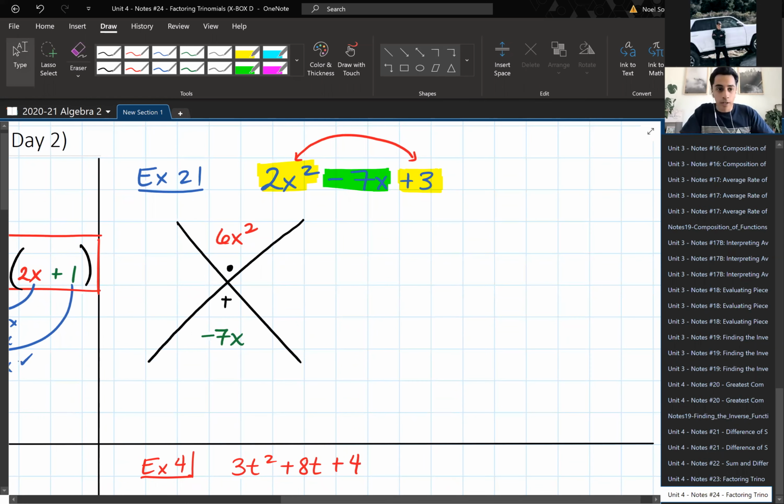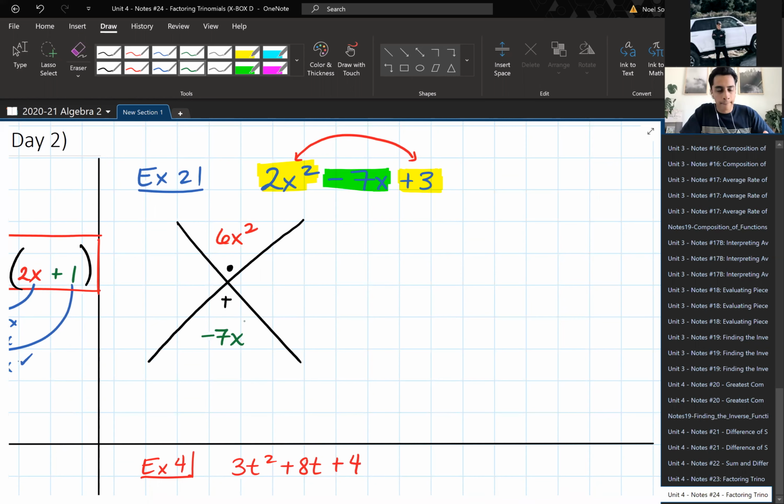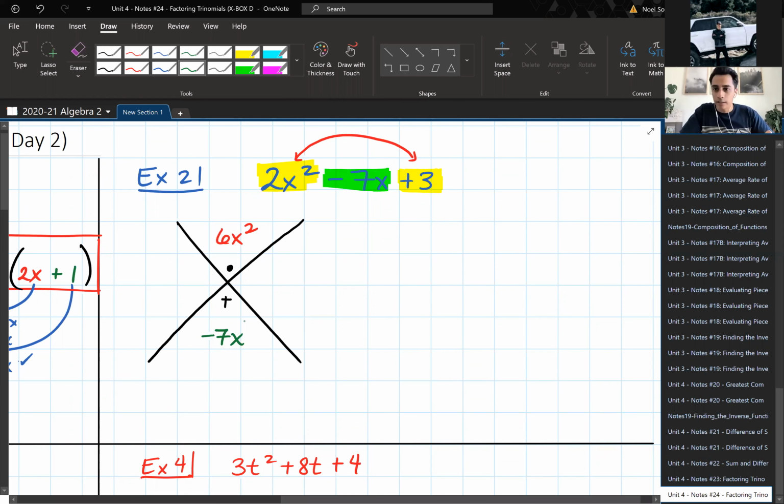So now from here, you're thinking, what terms can I multiply to give me 6x squared, but add up to be negative 7x? What can I multiply to be positive 6x squared, but add up to be negative 7x?